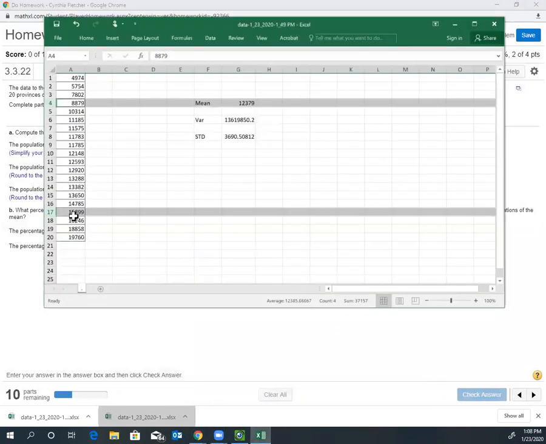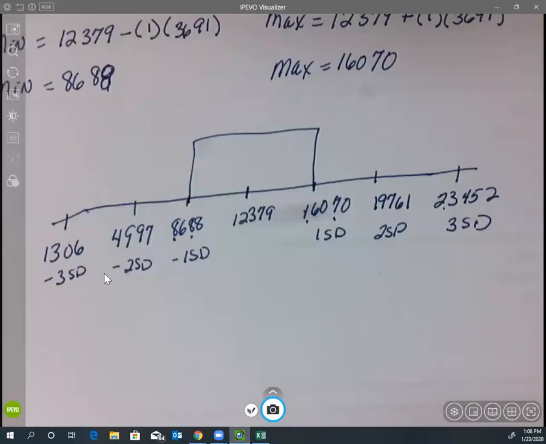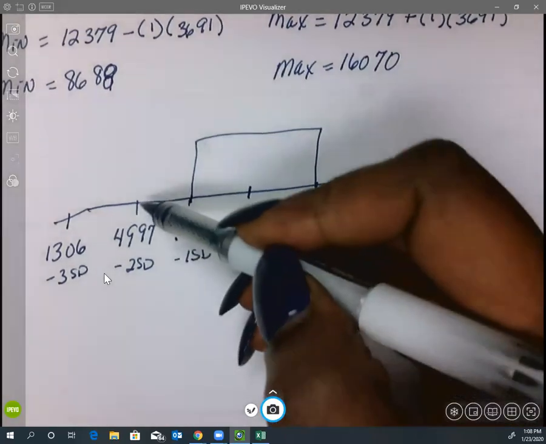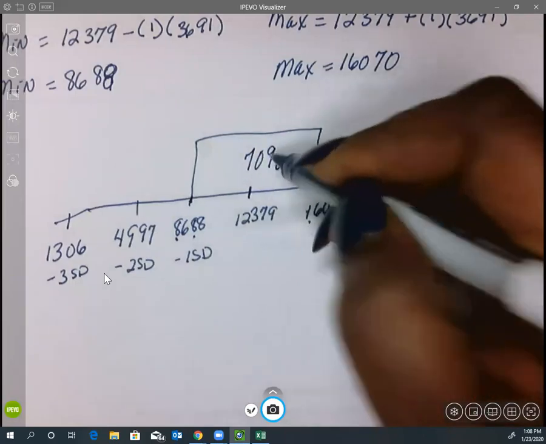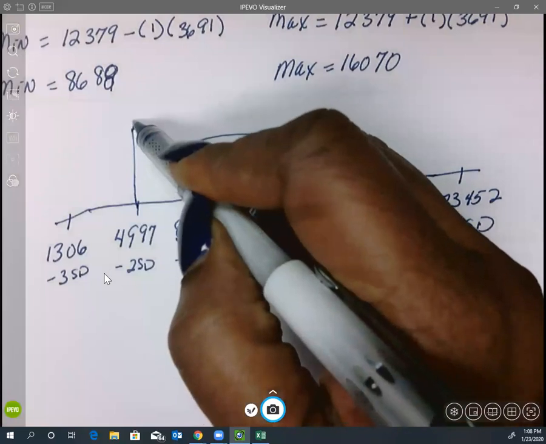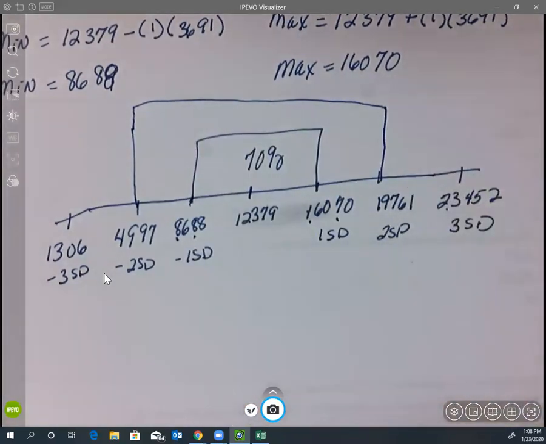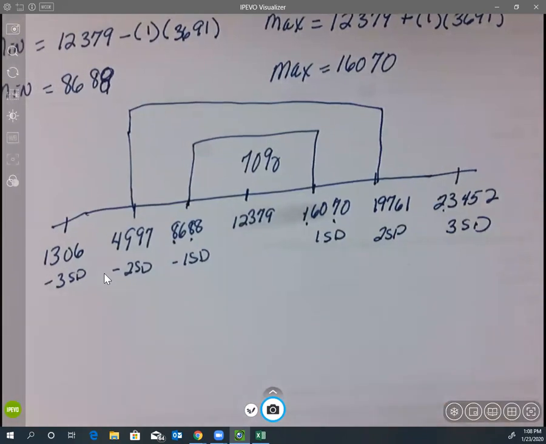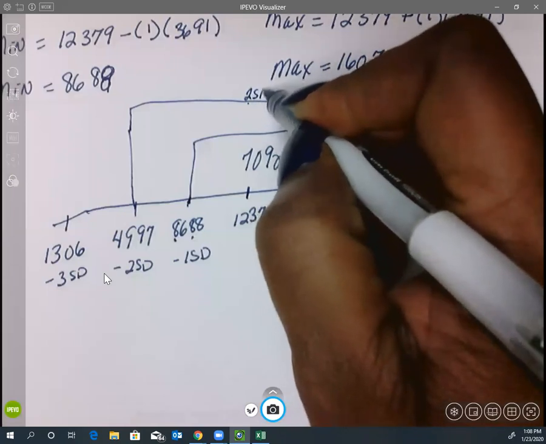Within 2 standard deviations, wrong list, let's go here. 2 standard deviations fall between 4997 and 19,761. This is 2 standard deviations.